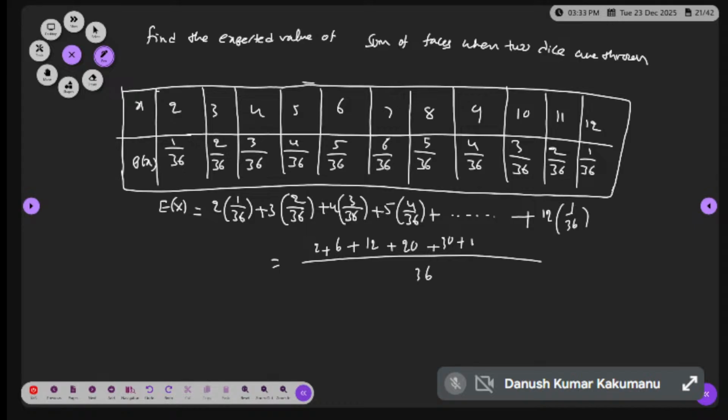Next is 42. Next is 40. 36 plus 30 plus 22 plus 12. Simplify this. What is the answer?